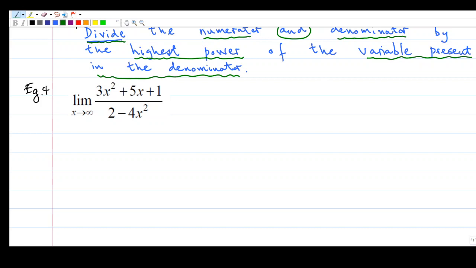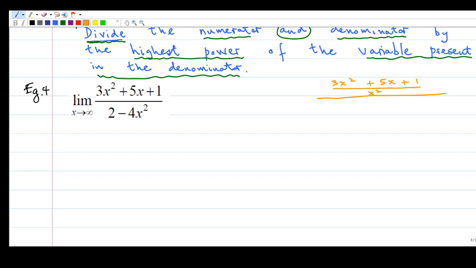So I'm going to do that on the side here so you can see what's going on. So that's 3x squared plus 5x plus 1. I need to divide that by x squared, right?